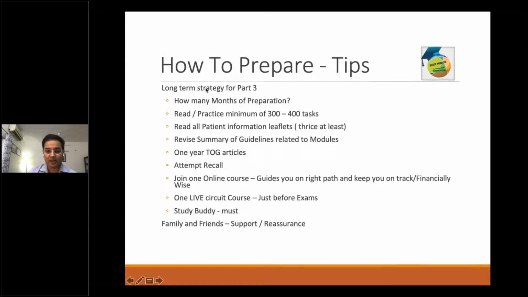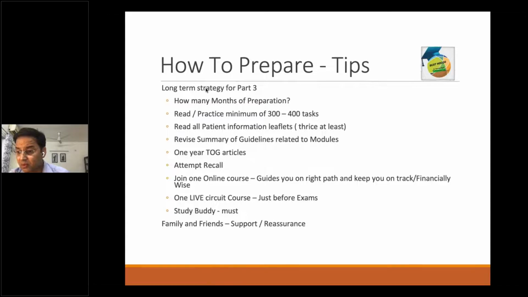A lot of mentors also say that the number of tasks you should practice or read before you attempt the exam is mostly around 300 to 400 tasks, and that's doable. And you should read all the patient information leaflets.